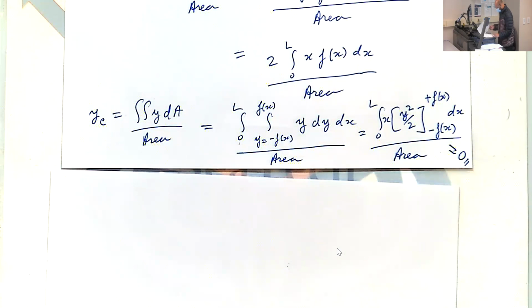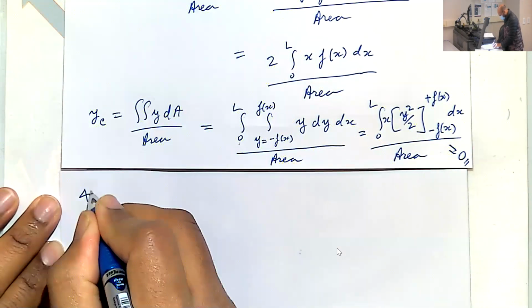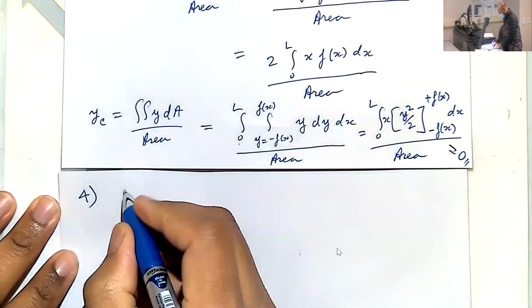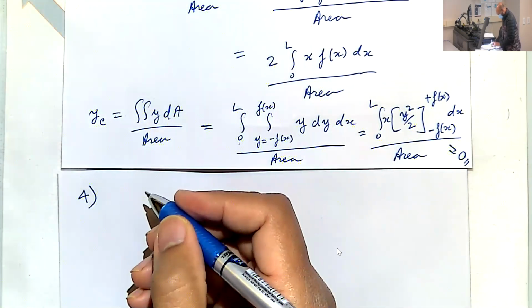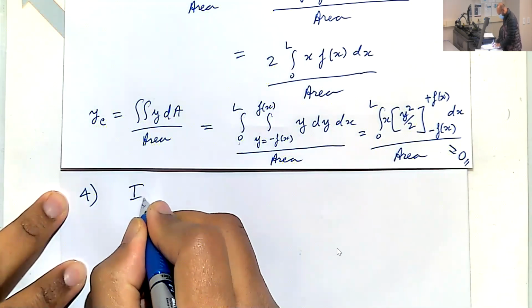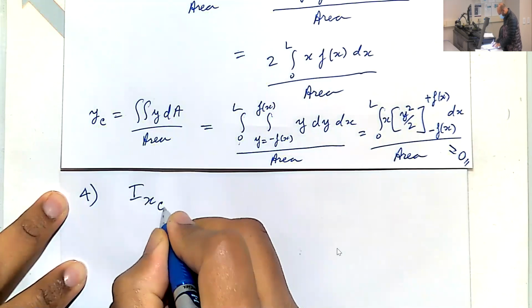What was the next question? It was compute the moment of inertia. So I about the longitudinal axis, meaning IXC equals what?